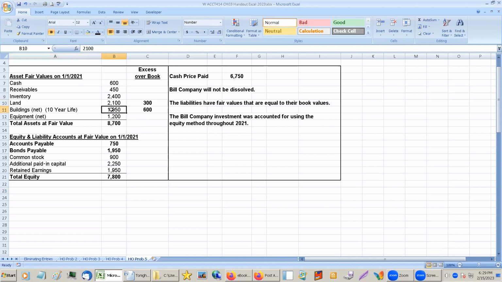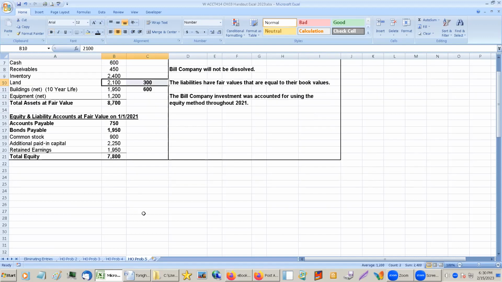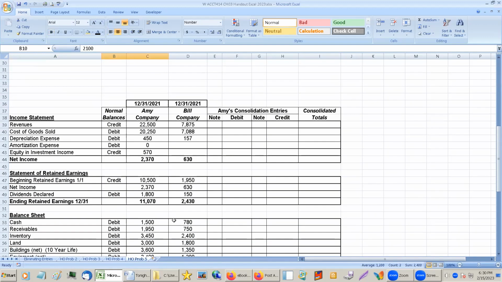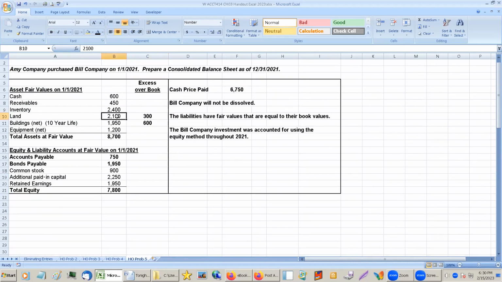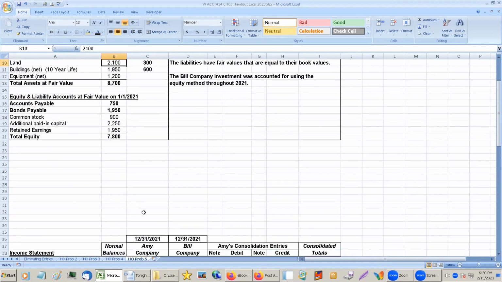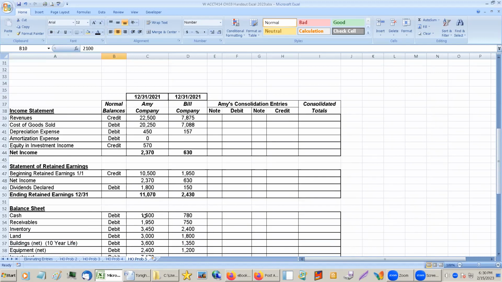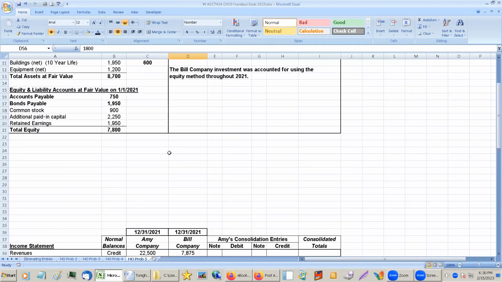Yeah, and these are done at the fair values, and you'll notice it doesn't always work out like this because the company's been open for a year, but I think I keep them this way. Let me check and make sure I'm not lying to you. Like land, the 2100. And you notice down here, I kept the land at 1800.